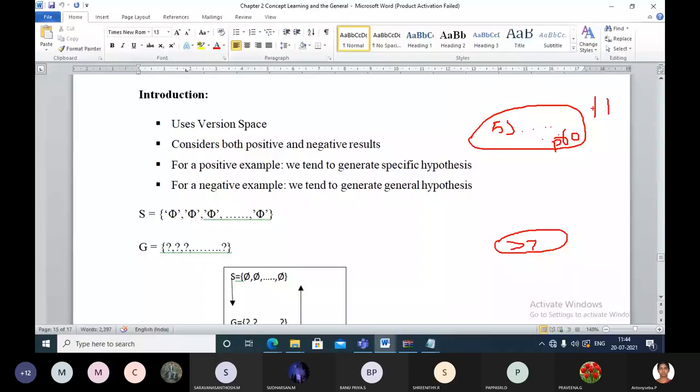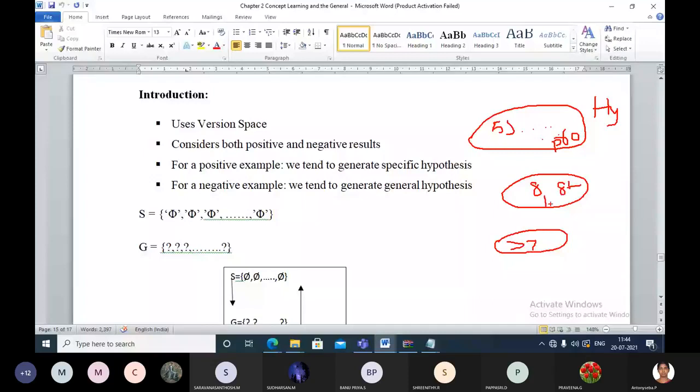From the beginning until now, whatever versions have been released, all versions are available in this hypothesis space. Now you have considered the versions greater than 7, and in between these two you have a version space. Your version space consists of say 8, 8 plus, 11 plus.